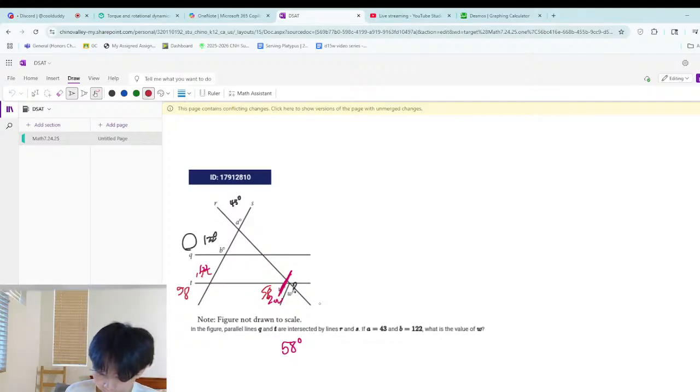The answer for this question is either 50.5 or 101 divided by 2.